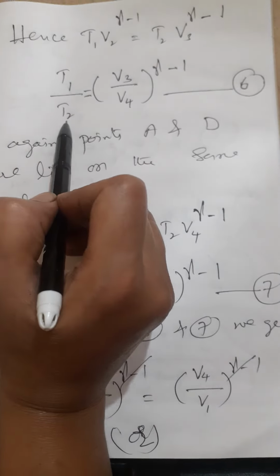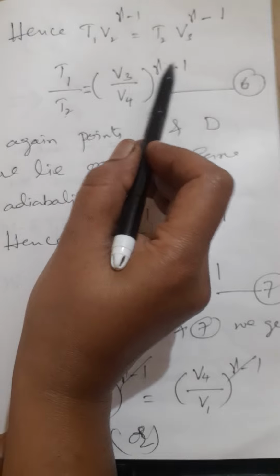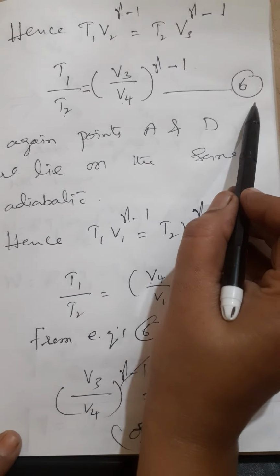So we can write T1 by T2 is equal to V3 by V2 to the power of gamma minus 1. Let us take this as equation number 6.